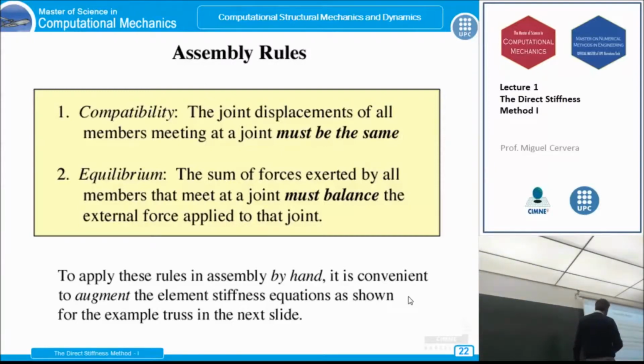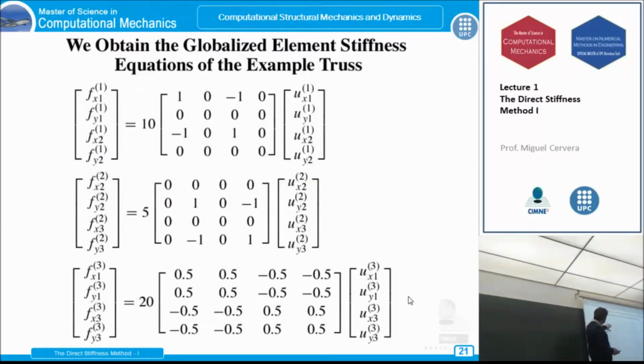Going one step back, you see that all three matrices are 4 times 4. And this matrix only applies to nodes 1 and 2, and this one to nodes 2 and 3, and this one to nodes 1 and 3. I'm going to extend them so that all of them are 6 times 6. Why do I do that? Because I want to end up with a global matrix which is 6 times 6.